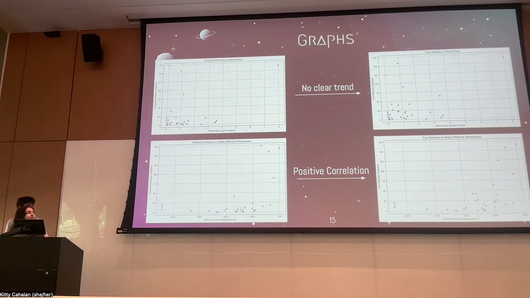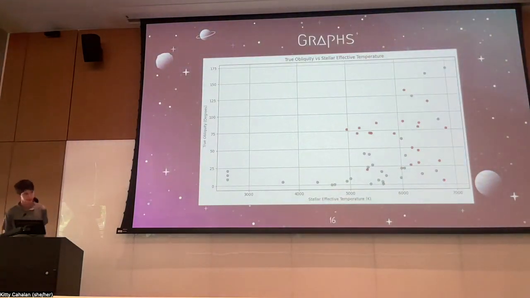But on the bottom, we found a stronger positive correlation between our calculated values and stellar effective temperature, which matches the fact that cooler stars have a bigger convective zone through which they release their heat. So the heat comes out in the form of physical gas, which creates motion and kind of aligns the planets around it. But as stars get hotter, this convective zone thins out, and there's not as much physical gas to align the planets, which is why the obliquity gets greater.